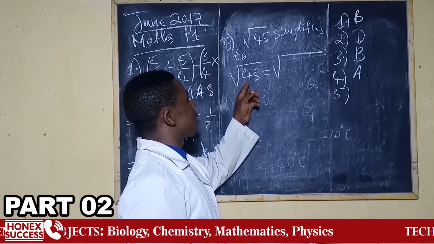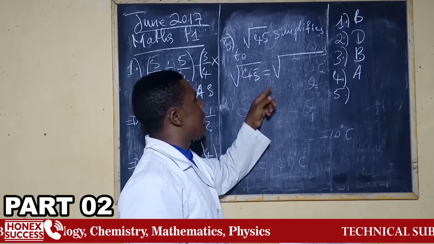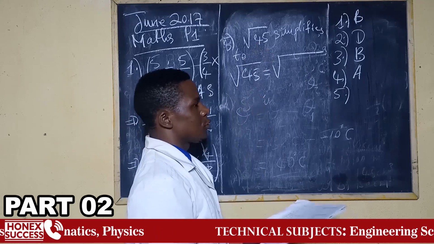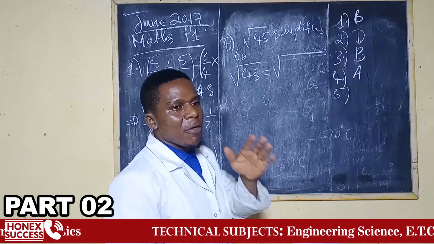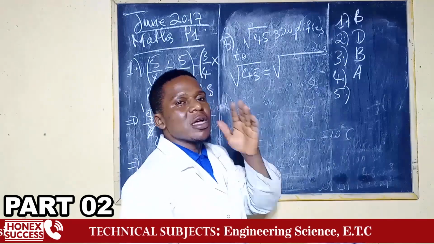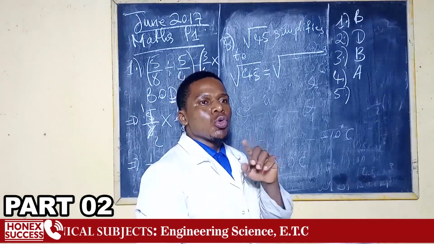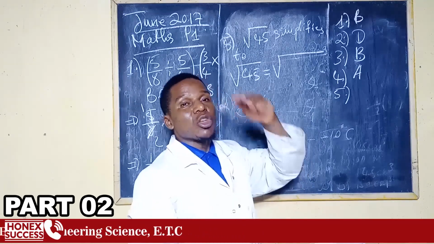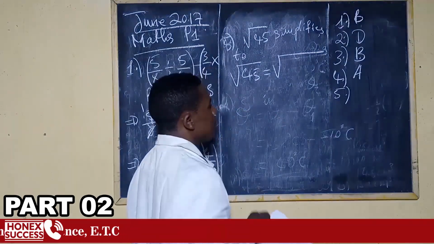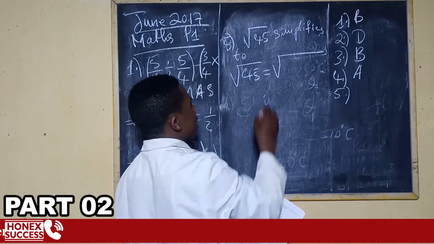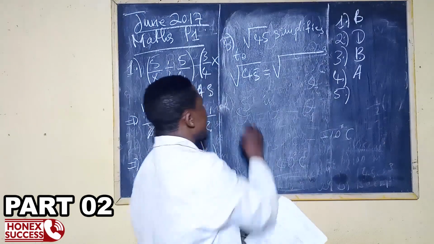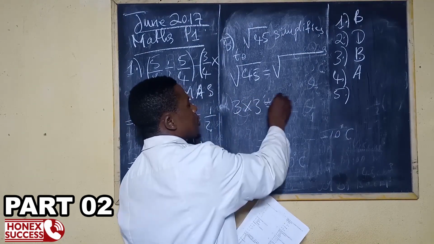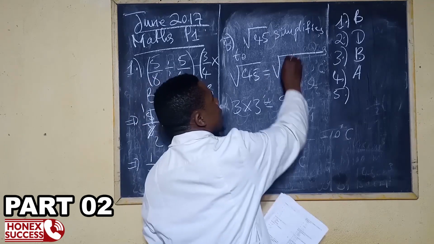So I think of a perfect square. What is a perfect square? It is the result of the multiplication of a number by itself. For example, a perfect square like 9 is from the multiplication of 3 by itself. So if we write 9 times 5, it will help us resolve that question.